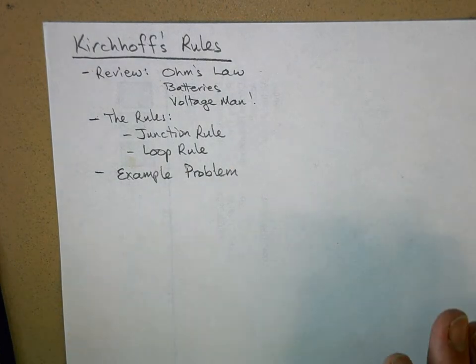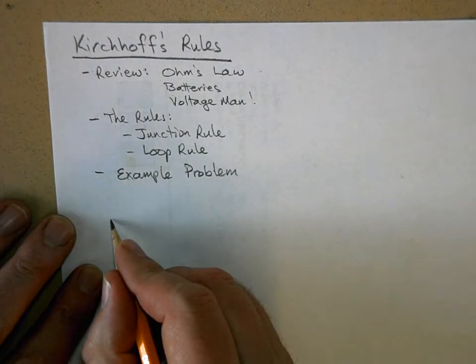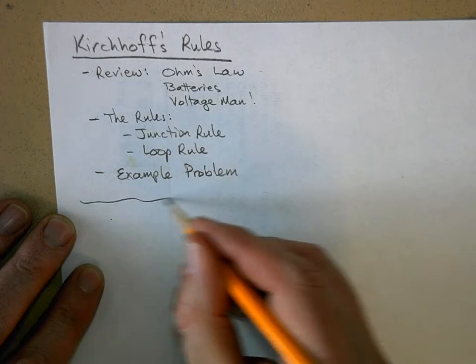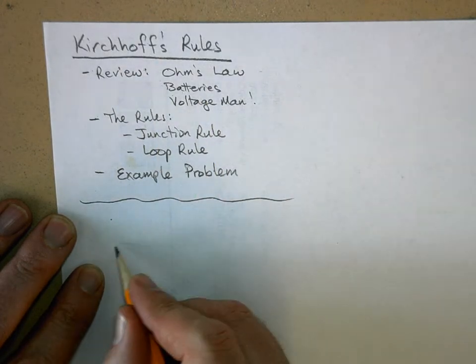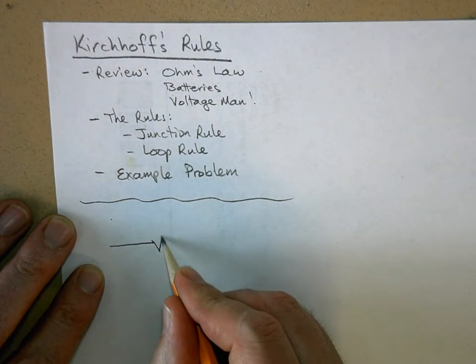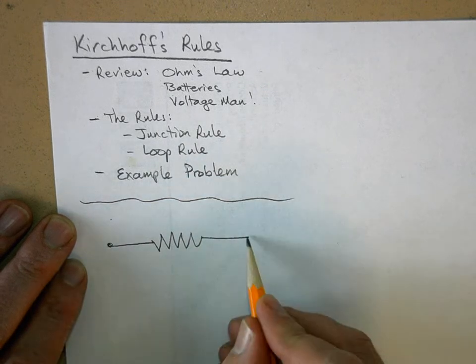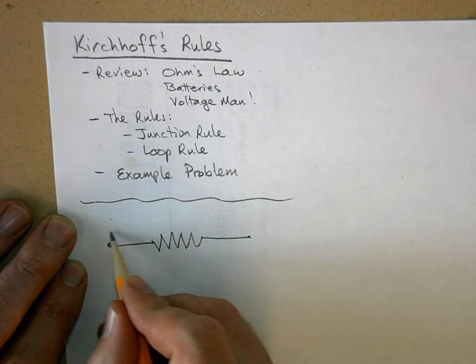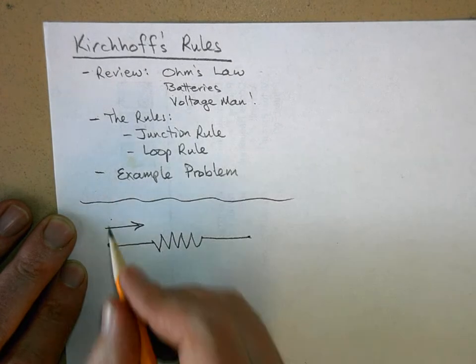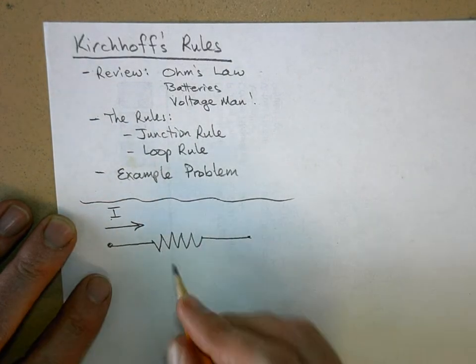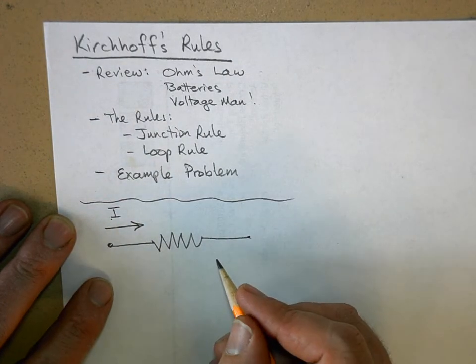So first, let's talk about Ohm's Law. Remember that if I have current running through a resistor, and let's say the current is flowing in this direction, so here's I, then we get a voltage drop.